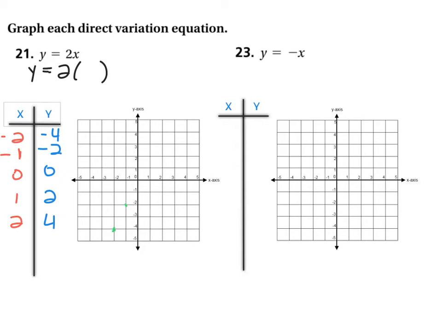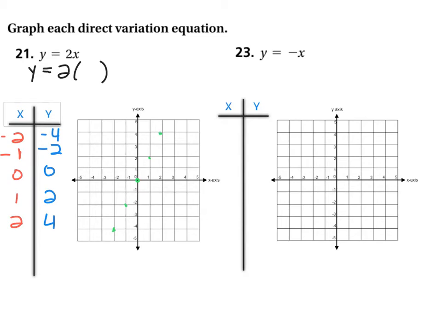And continuing on, 0, comma 0. That's right there. And continuing further, 1, comma 2. Go over to 1, up to 2. That's right there. And finally, 2, comma 4. Go over to 2, up to 4. Put your dot right there.